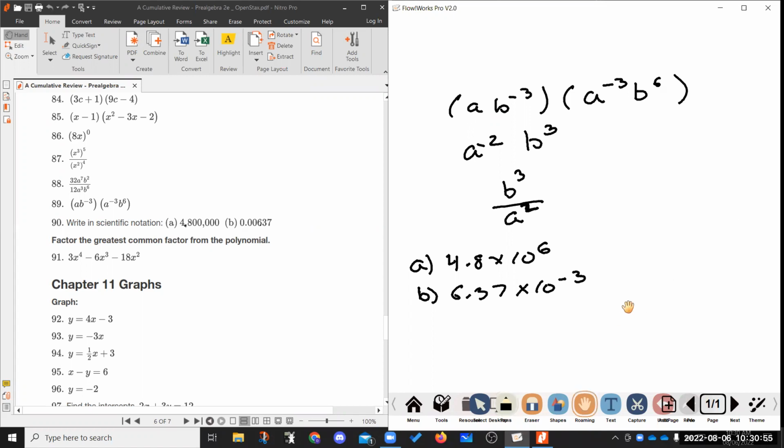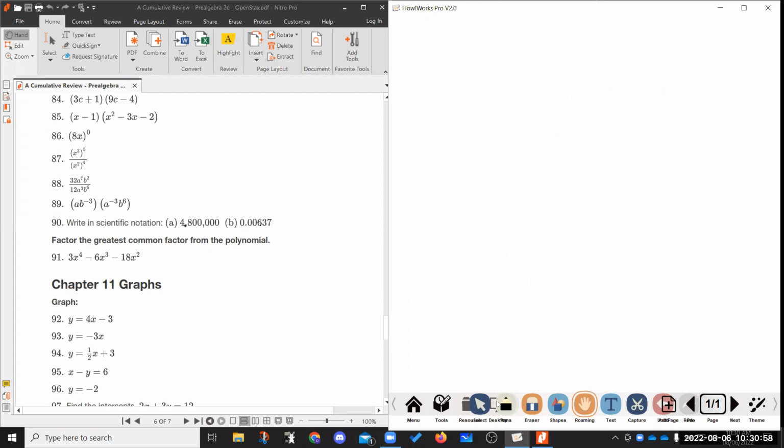Last problem in this section, we're going to find the greatest common factor of the trinomial 3x to the fourth minus 6x to the third minus 18x squared. I'm going to look at the numerical part first. 3, 6, and 18 all have a common factor of 3, so I'm going to pull a 3 out.